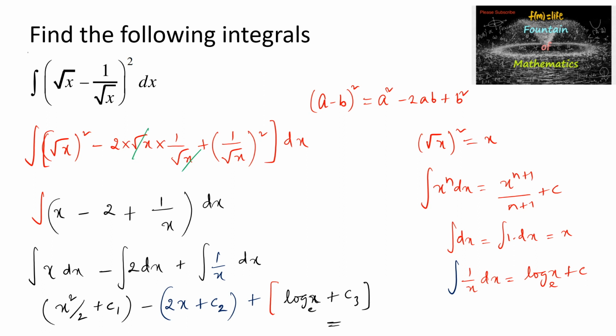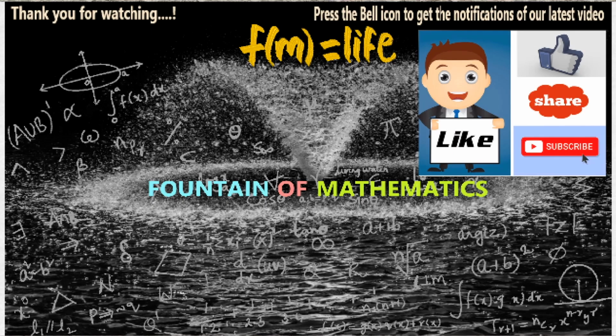So taking c1 minus c2 plus c3 as another constant, you can give the answer x square by 2 minus 2x plus log x plus some constant c, where c is equal to c1 minus c2 plus c3. It's an integral constant. So this is the answer. Okay, thank you.